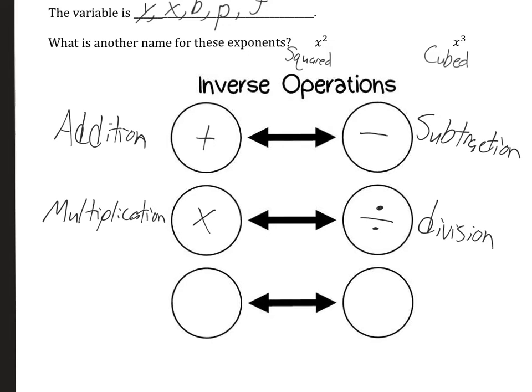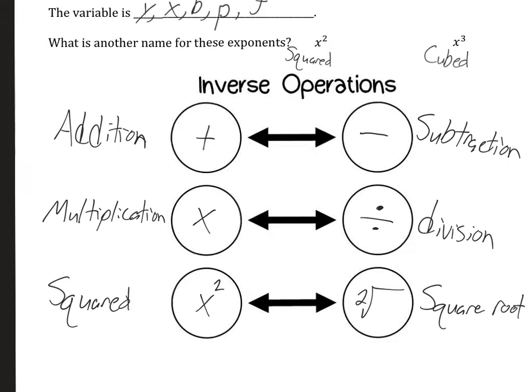What is another operation? Well, thinking about it, what if I had something that was squared? So I'm going to write over here, it's squared. How do I undo a squared? You just take the square root. You should have learned this in Algebra 1.